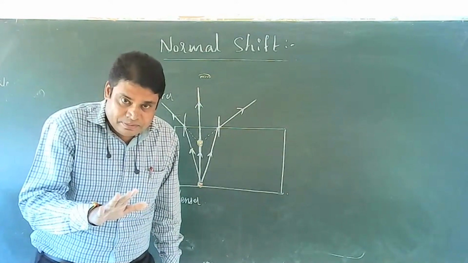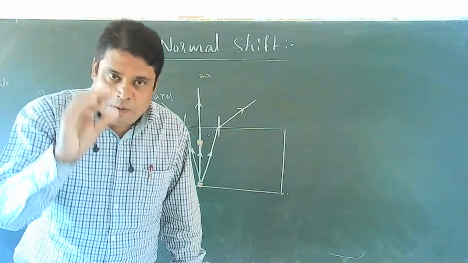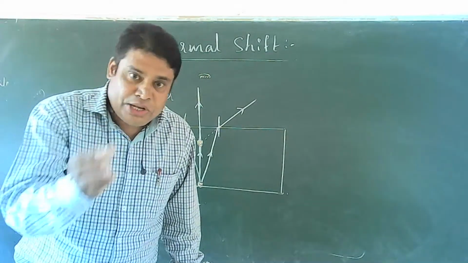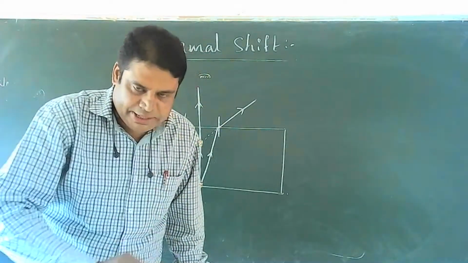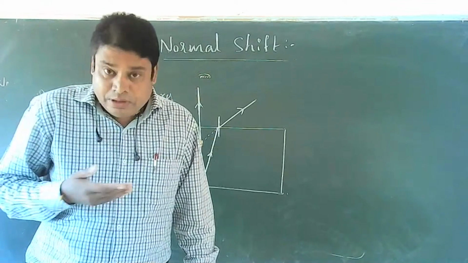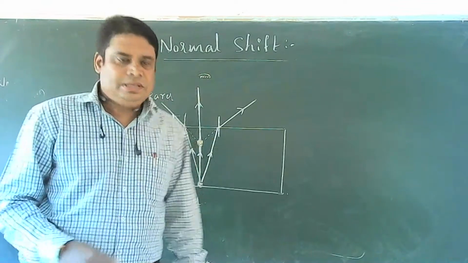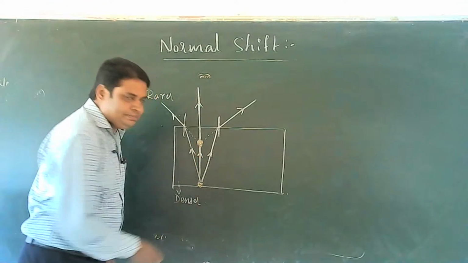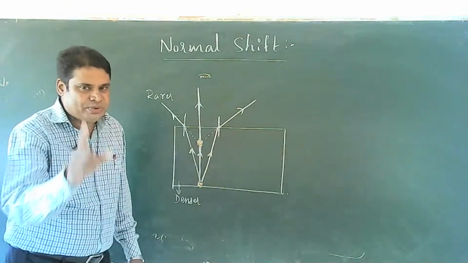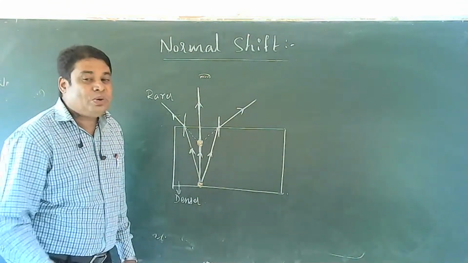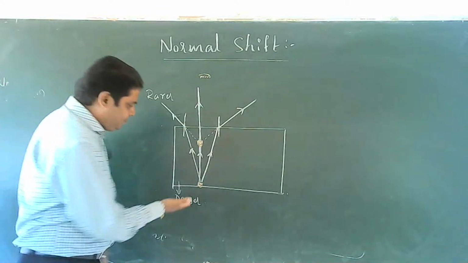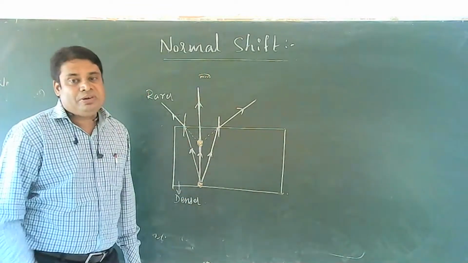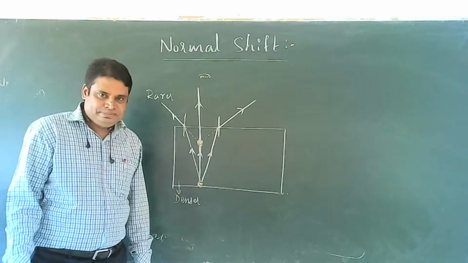This phenomenon, when an object is kept in one medium, say denser medium, and viewed from another medium, the apparent position is shifted. It is not real. It is not actual. It is apparent. Very clear. The apparent shift observed is called normal shift.